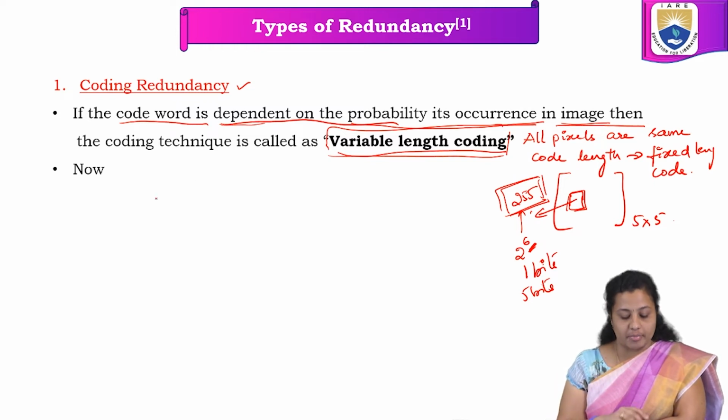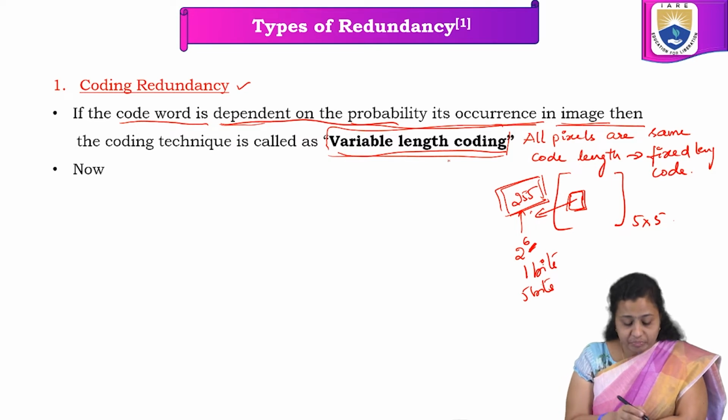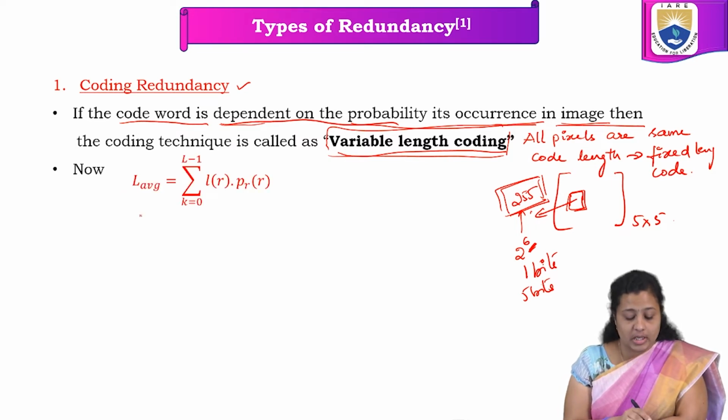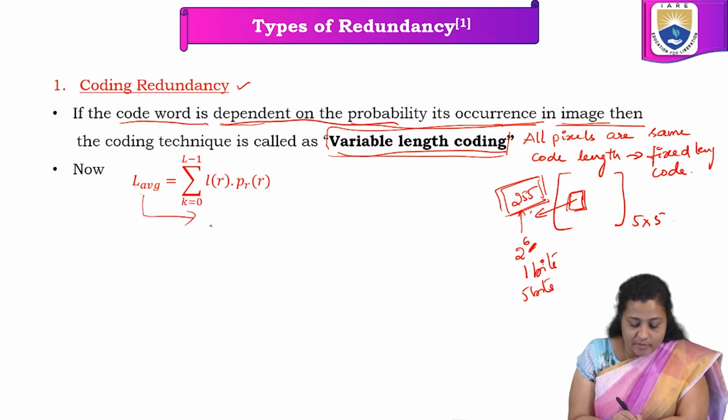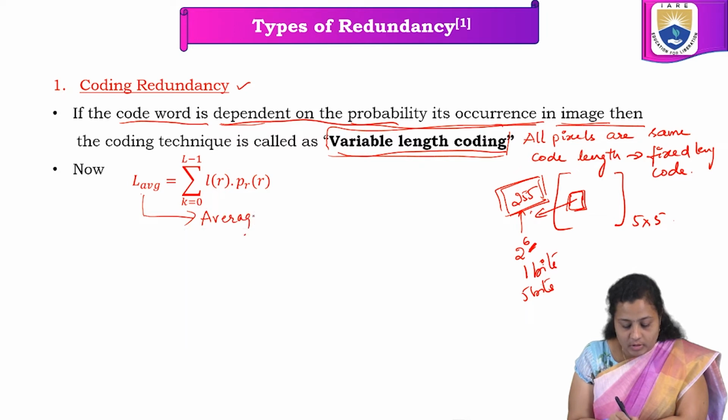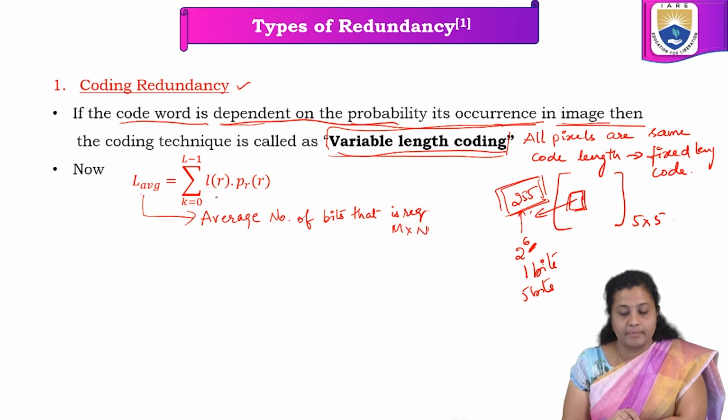Now when we are using the variable length code, the L average, the number of bits on average that is required to represent the image of size m cross n, is given by L of r into probability.